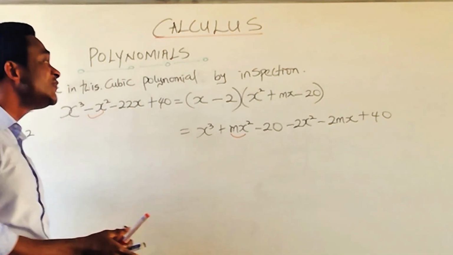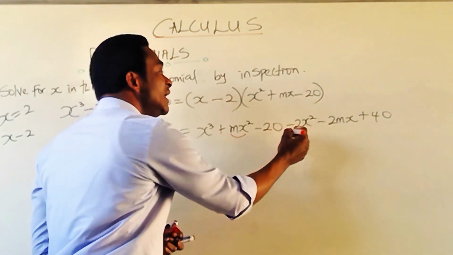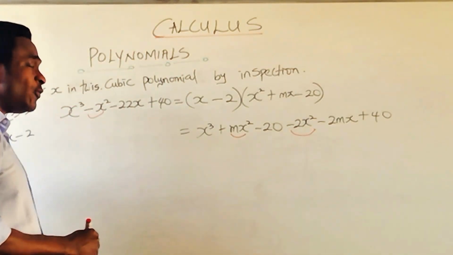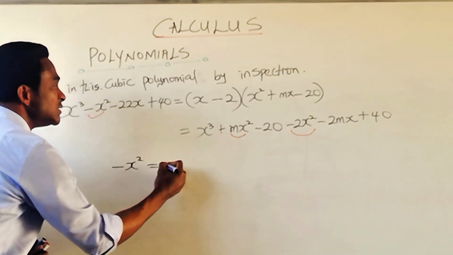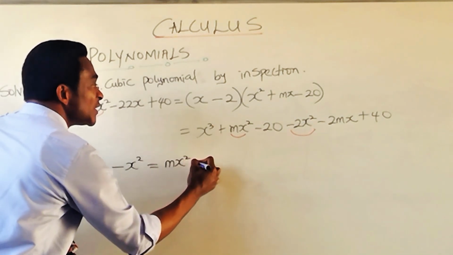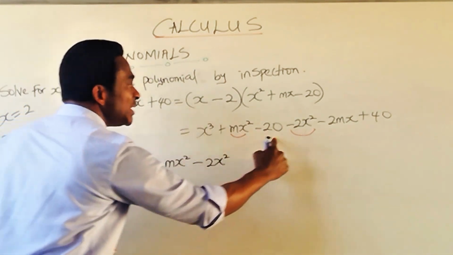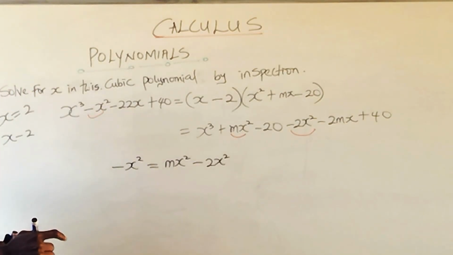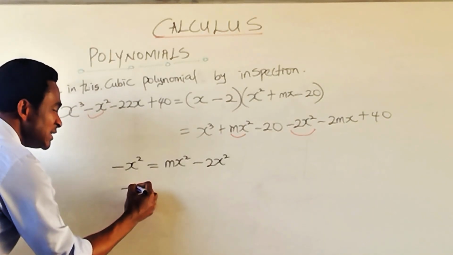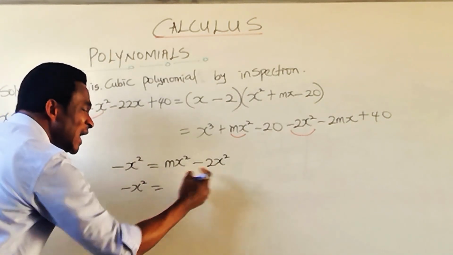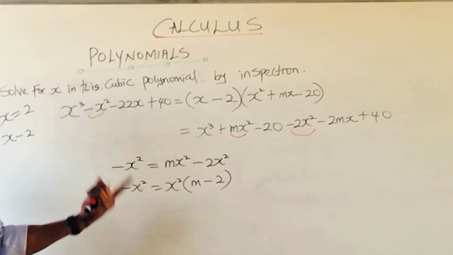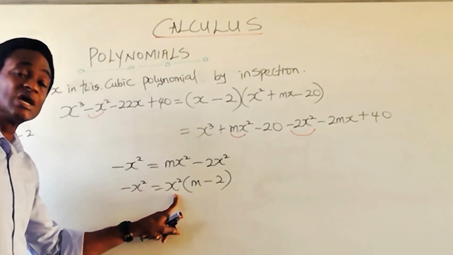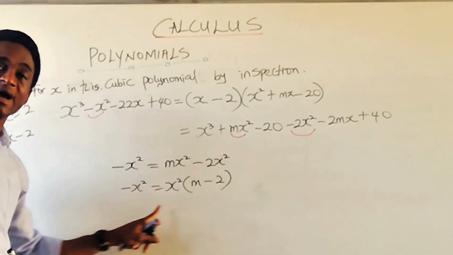But I also have to take everything that has x squared as its coefficient if I want to solve that problem. So I will go: negative x squared is equal to mx squared minus 2x squared. You check. That's all we have there. So let's go. This is negative x squared. I will factor out x squared on this other side, and treat it as a coefficient that you can use to divide both sides.